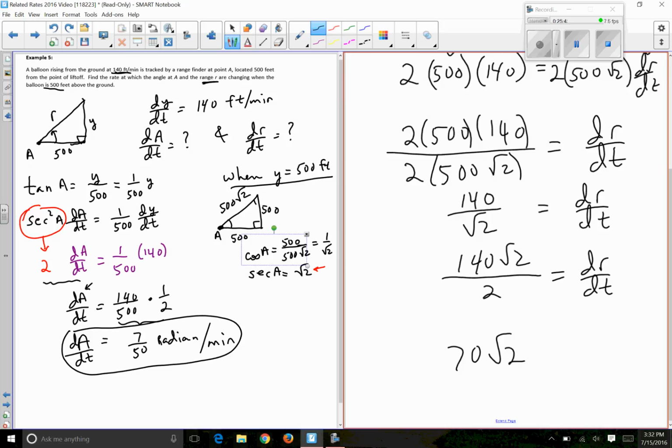And the r in this triangle is measured in feet. That's feet. That's minutes. 70 radical 2 feet per minute. That's the rate at which the range of this hypotenuse is changing with respect to t.